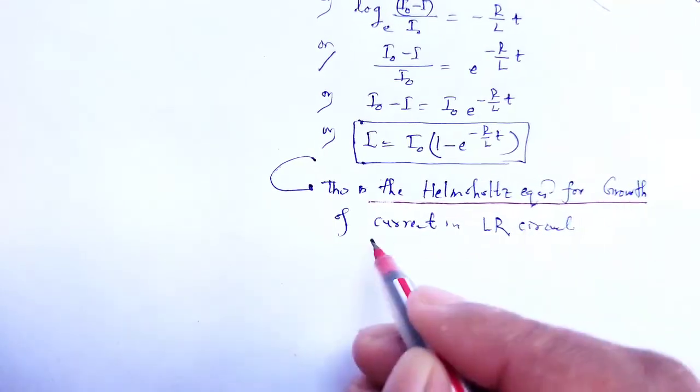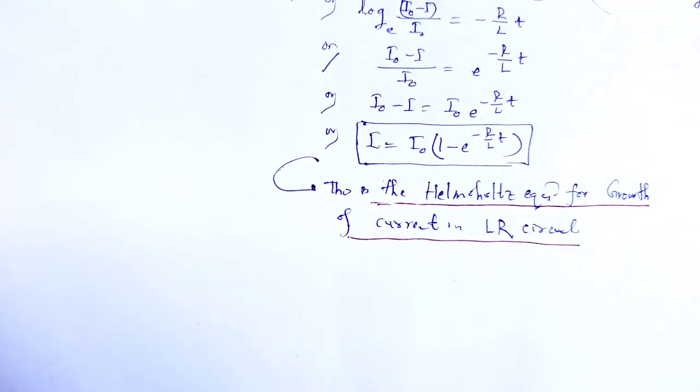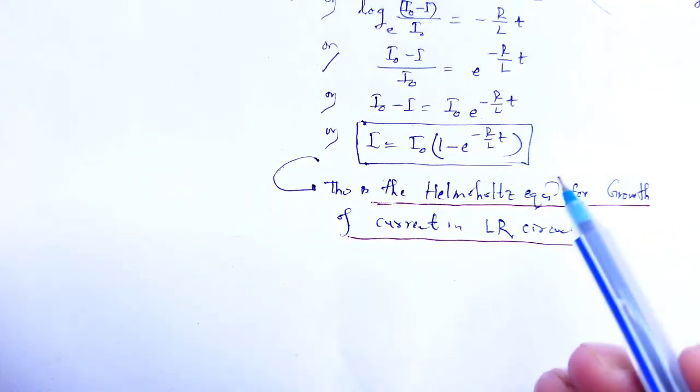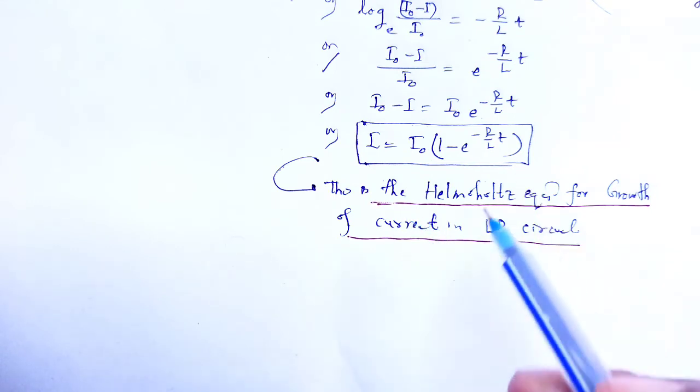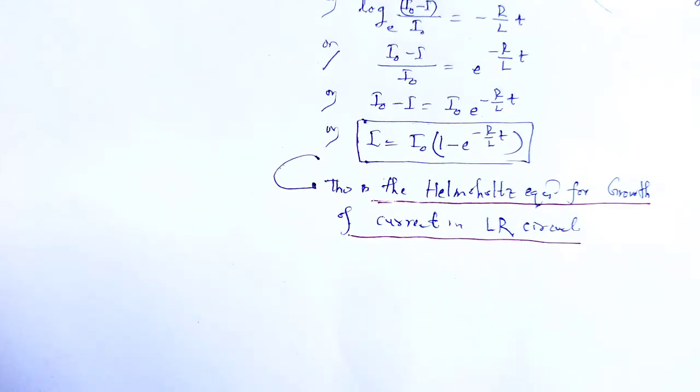Helmholtz equation for growth of current in LR circuit. Now L by R has the same dimension of time.